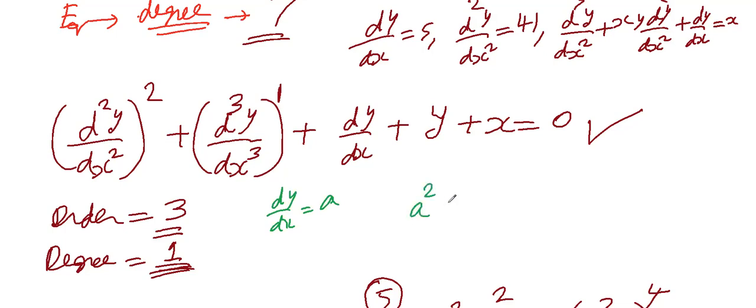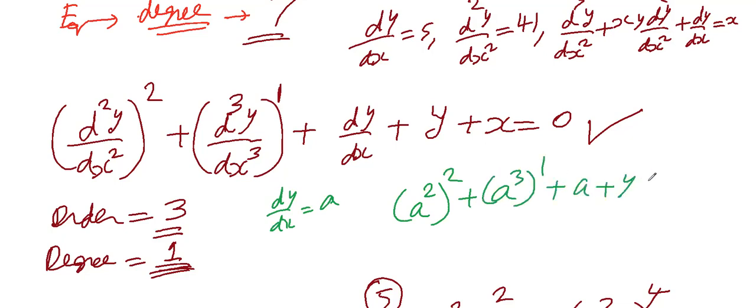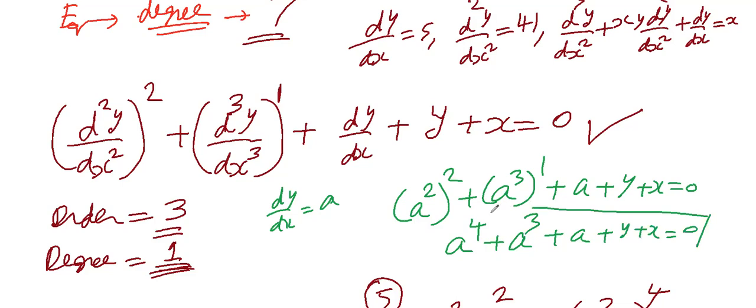This will be a square the whole square, this will be a cube the 1, this will be a, this will be y plus x is equal to 0. So I will write a to the power of 4 plus a to the power of 3 plus a, plus y plus x.